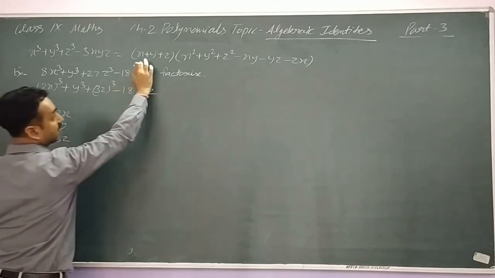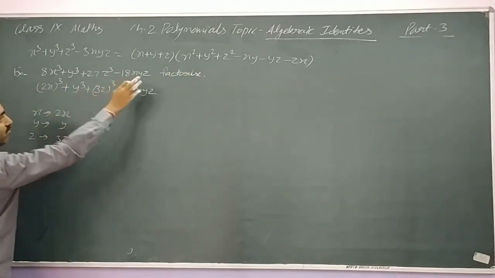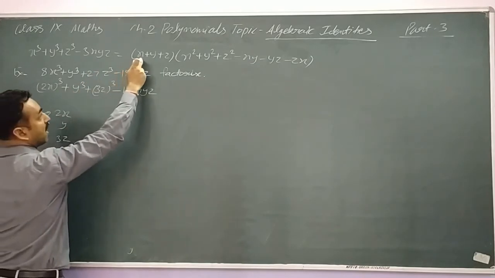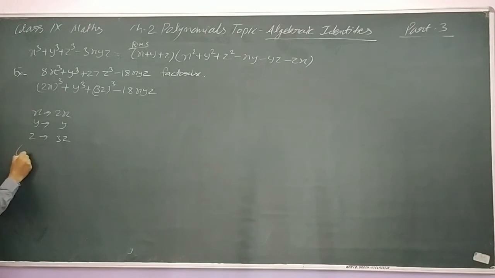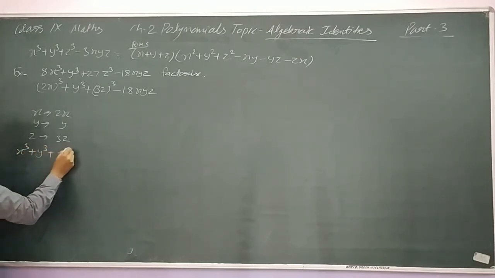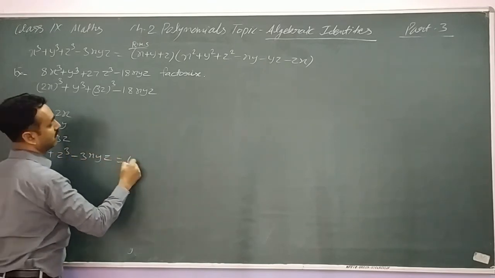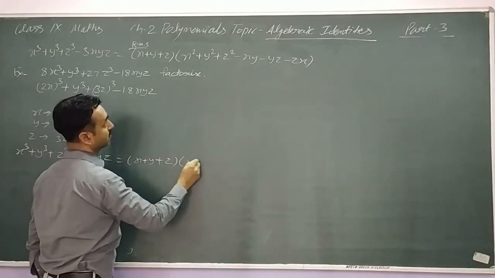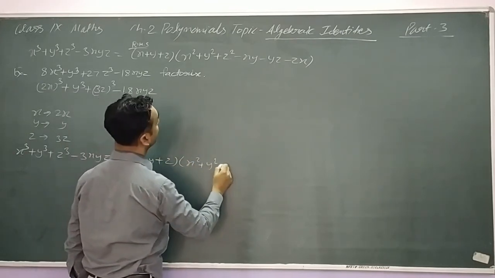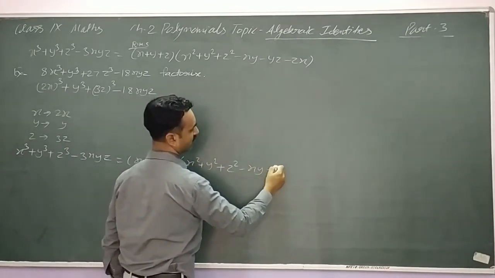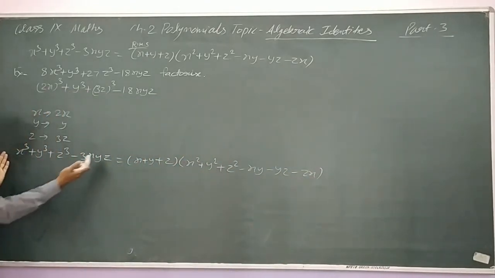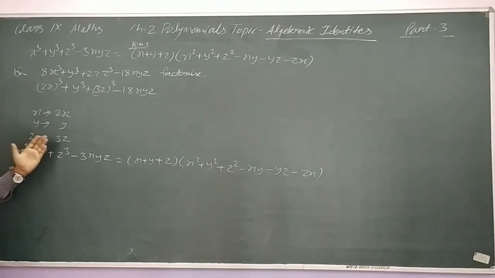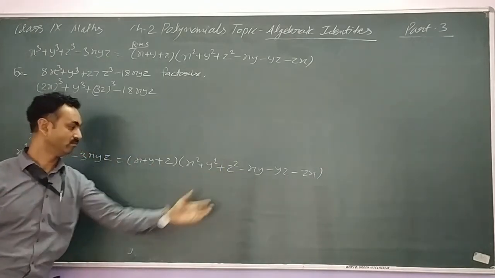Now we will write in the factor form, following the RHS of the identity. I am writing the identity again so we can understand easily. Our question is in this form, we have compared the variables, and now we put the variables in this form.